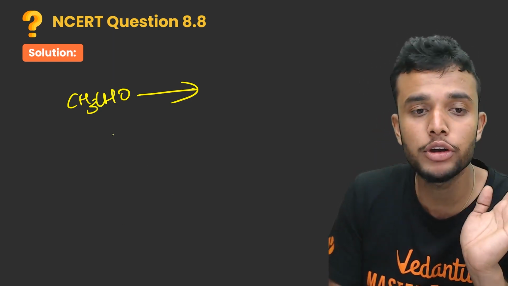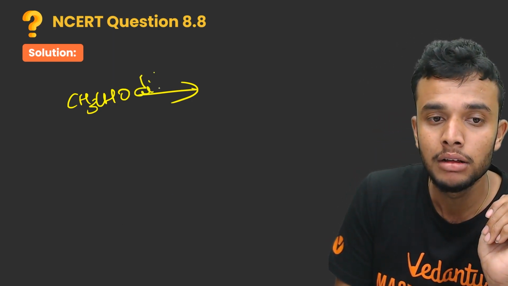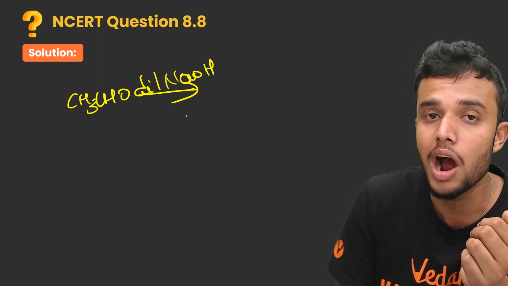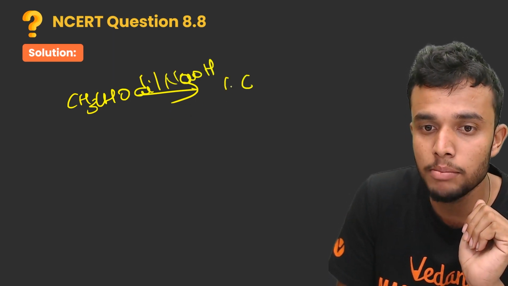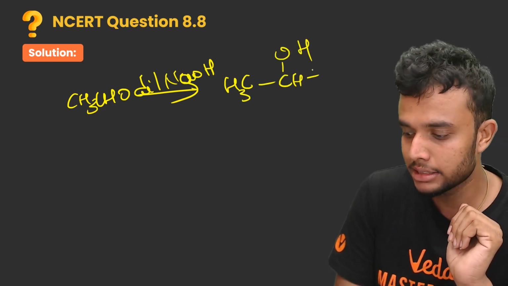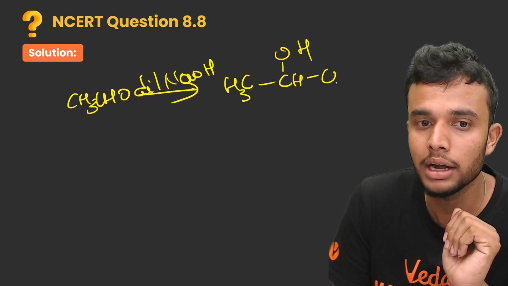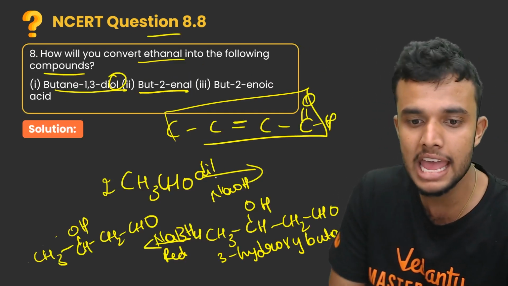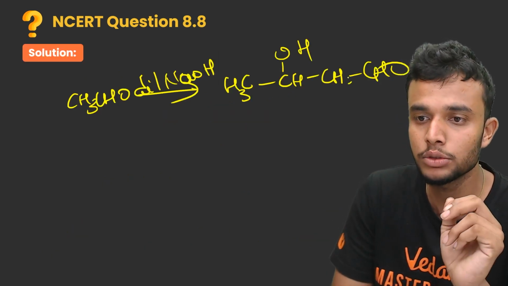First step is the same, students. First step is aldol condensation reaction to yield the same compound, CH3CHOH, CH2CHO.